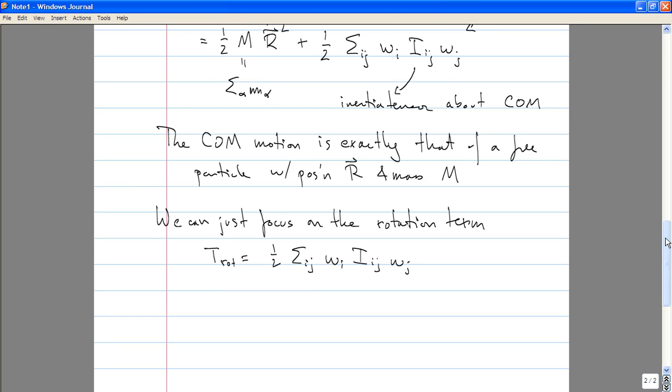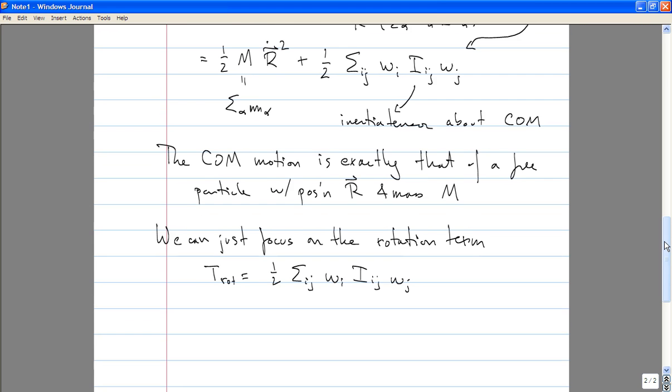So let's notice the following. This action is rotation invariant. So this system is rotationally invariant, which means that the equations of motion will imply that angular momentum is conserved.